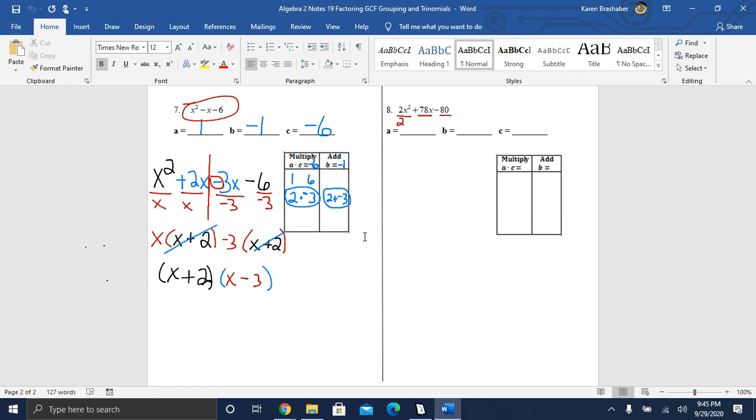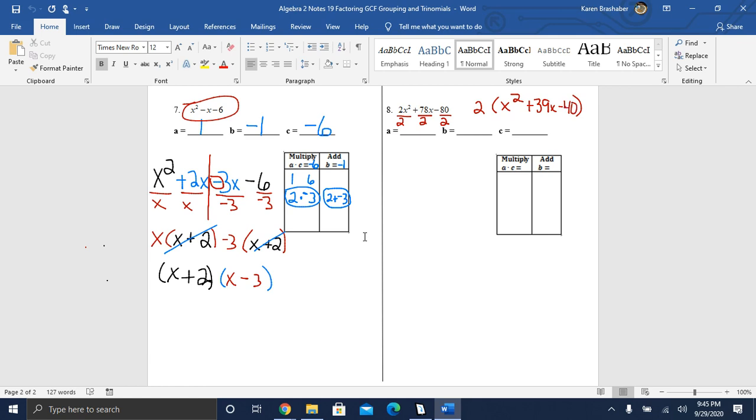We can divide all 3 of these terms by a 2 before we ever start. So the 2 that we divided out has to go first, and then that would leave us with 1x squared. I'm just going to write x squared plus 39x minus 40.